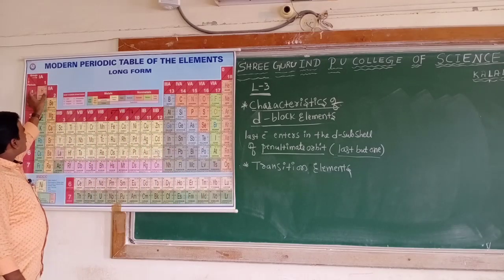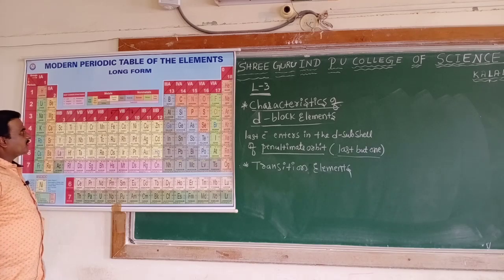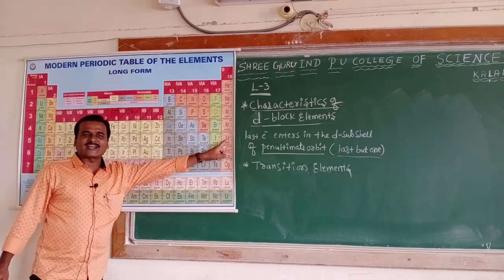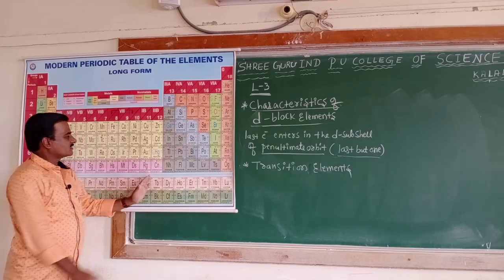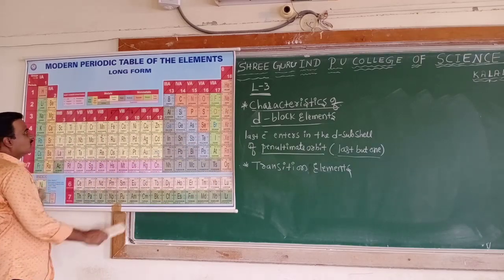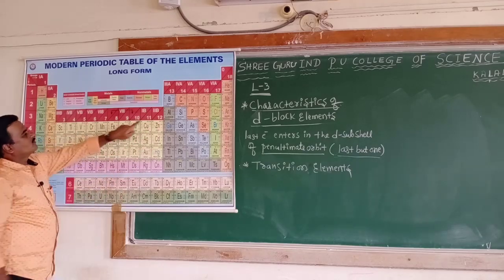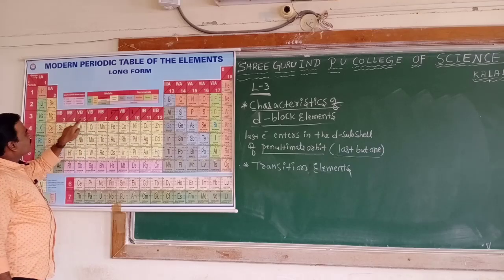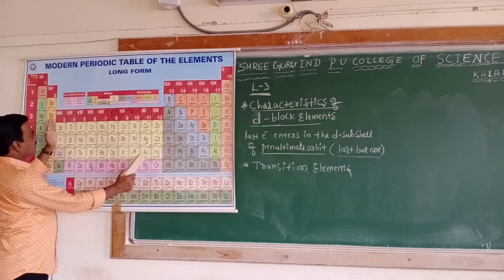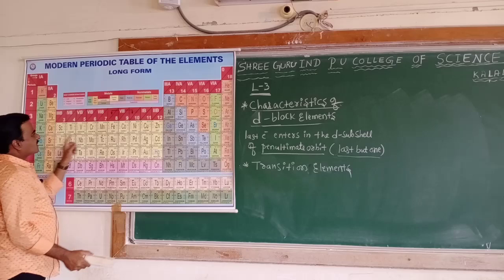S block elements are group 1 and group 2, on the left of the periodic table. P block elements are group 13 to group 18. So the groups numbered from 3 to 12 are called d block elements, which are called transition elements.